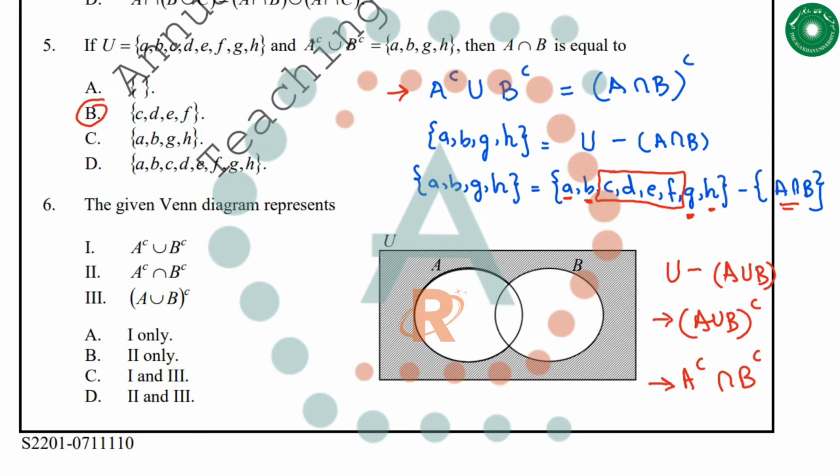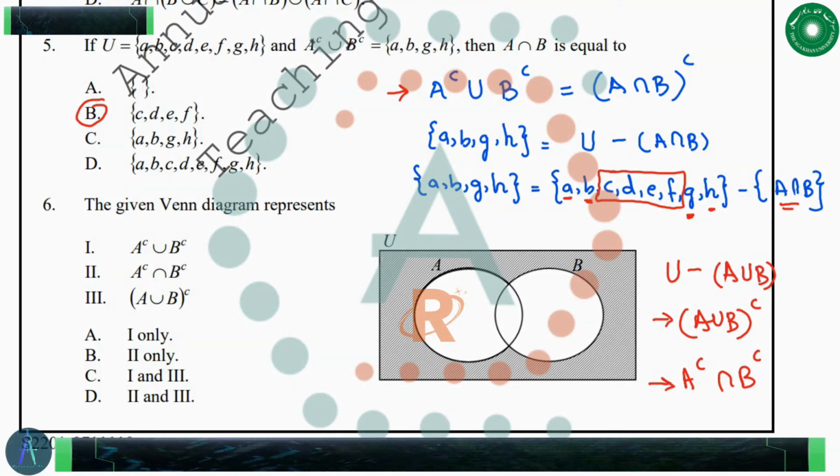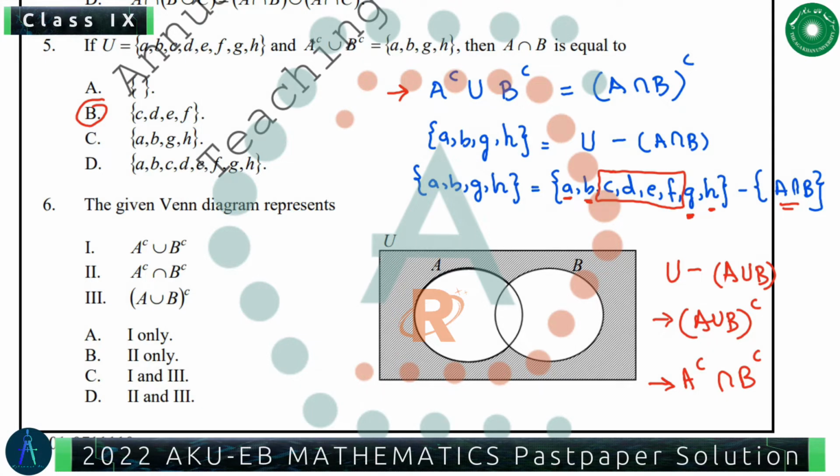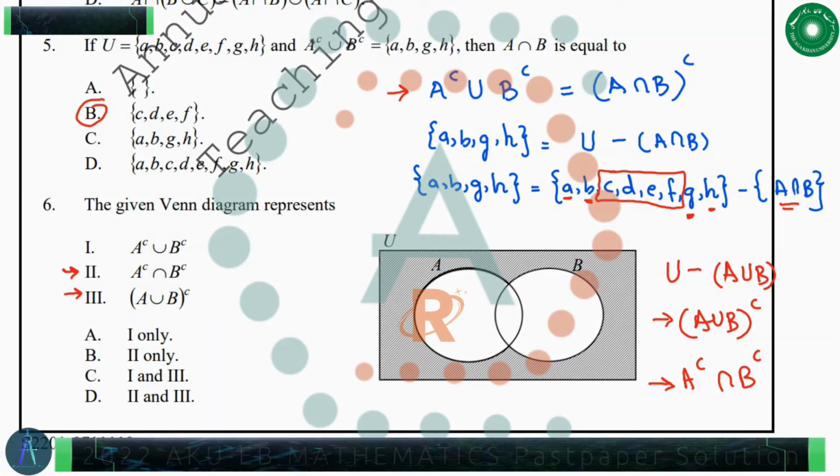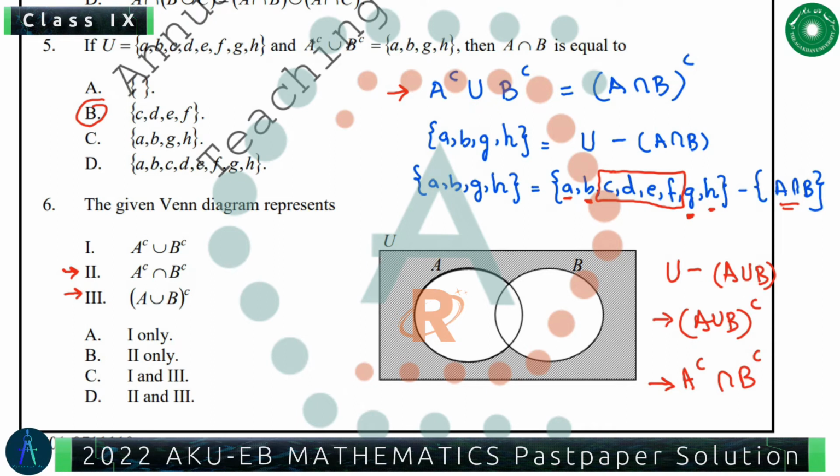These two can be the operations, and the Venn diagram represents both. So conditions 2 and 3 both can be correct. So for question 6, option D is the right answer.